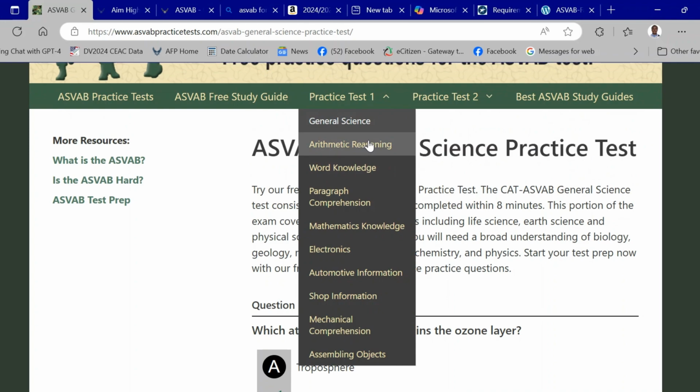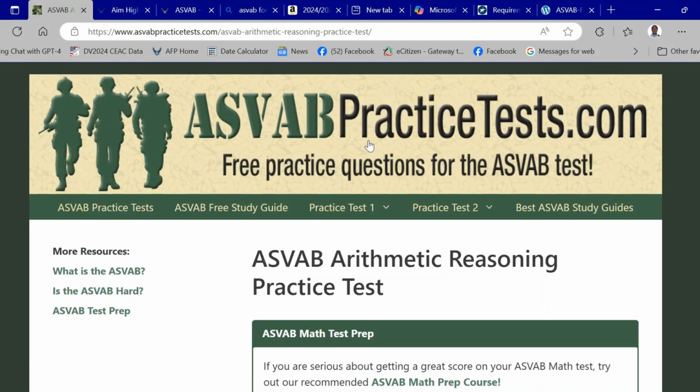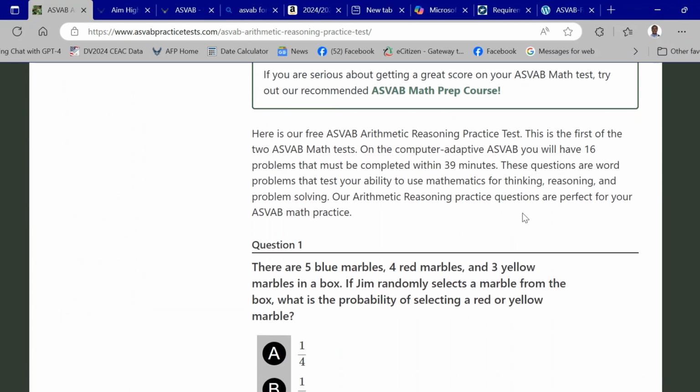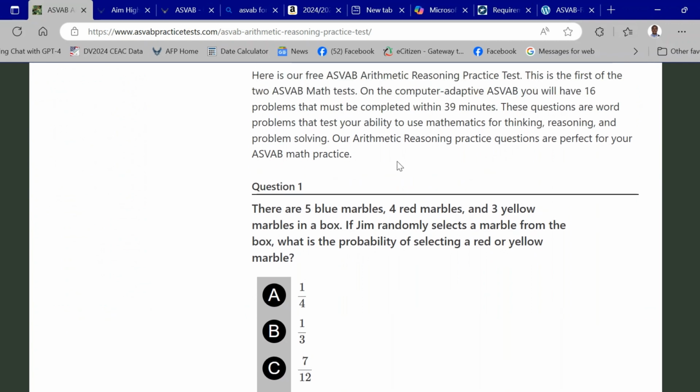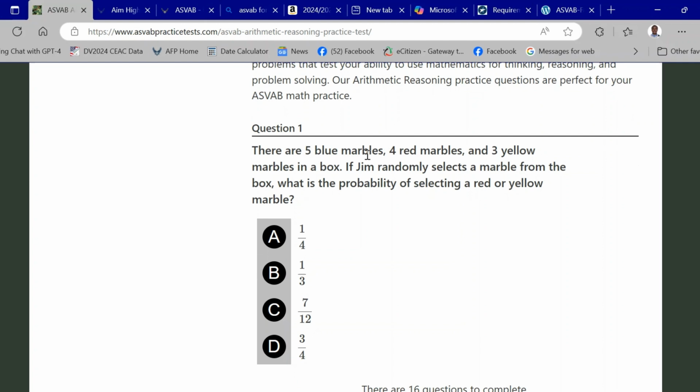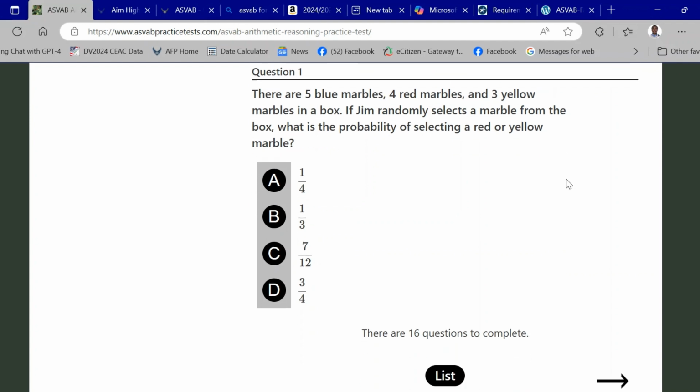Okay, you can go to arithmetic reasoning. This one says what? This is about mathematics. There are 5 blue marbles, 4 red marbles, and 3 yellow ones in a box. If Jim randomly selects a marble from the box, what is the probability of selecting a red or yellow one?